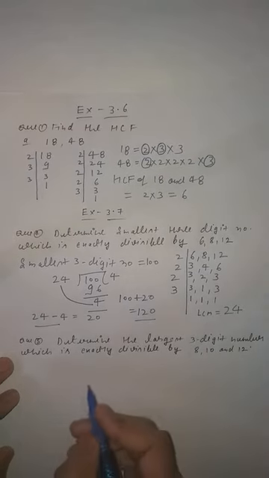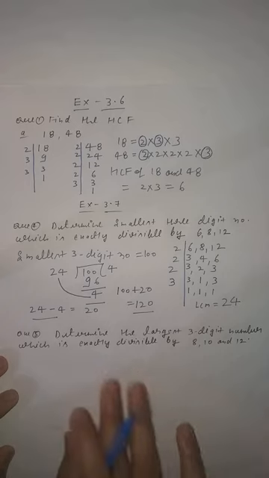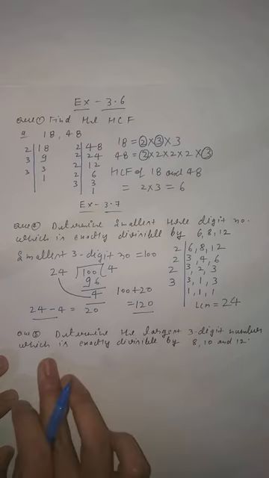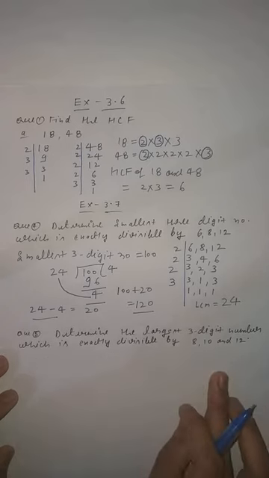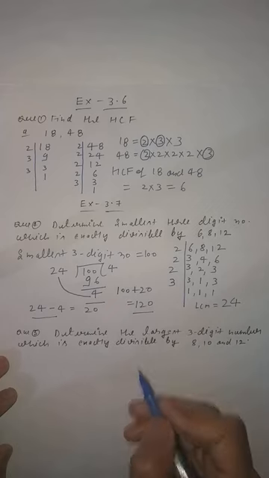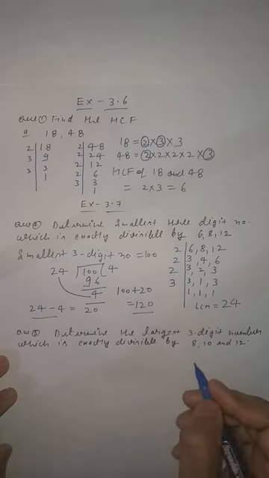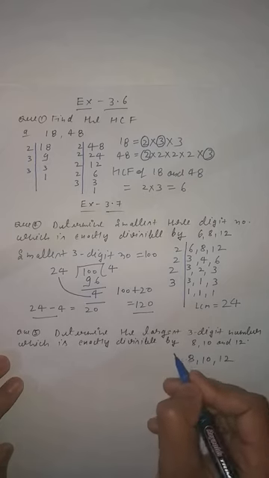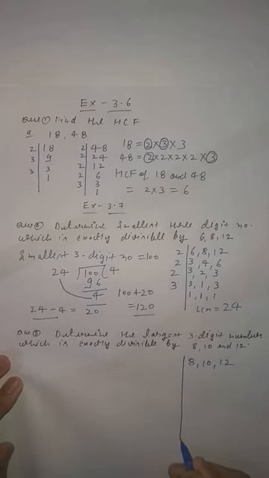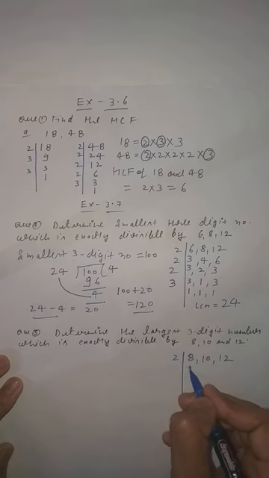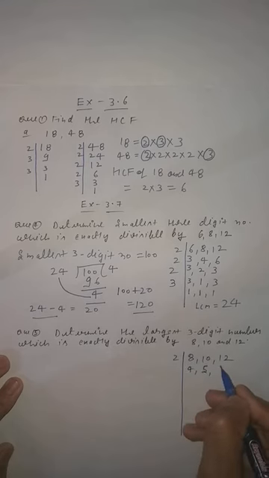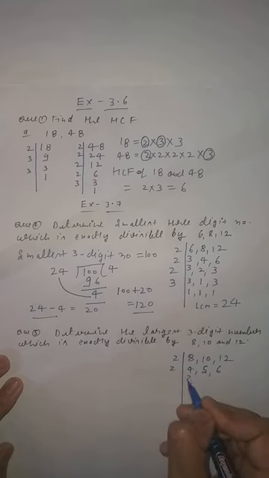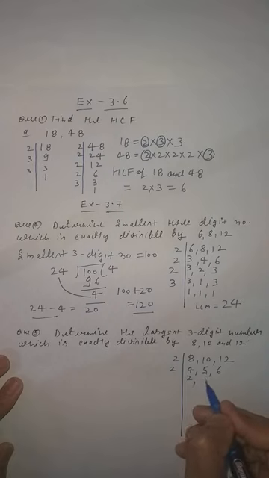The next question is based on the same pattern. Determine the largest 3-digit number which is exactly divisible by 8, 10 and 12. So in this you have to find the largest. Again you will find out what? LCM of 8, 10 and 12. This is 2 4s are 8, 2 5s are 10, 2 6s are 12. Again 2 2s are 4. This is not divisible, so write down 2 3s are 6.